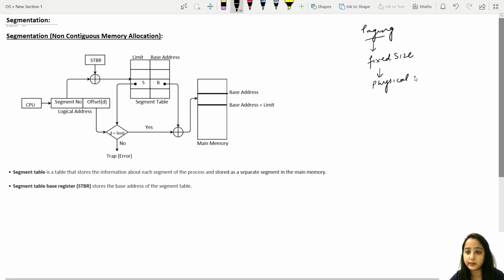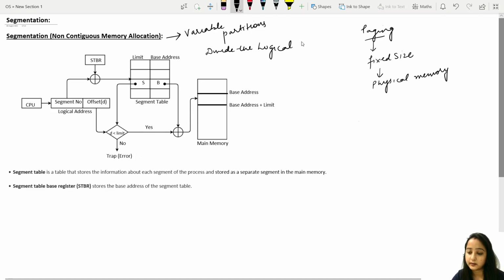We divide the physical memory in paging. On the contrary, here in segmentation, we do variable partitions, and here we divide the logical memory, or you can say the virtual memory.